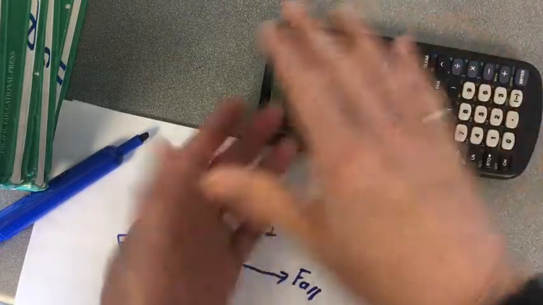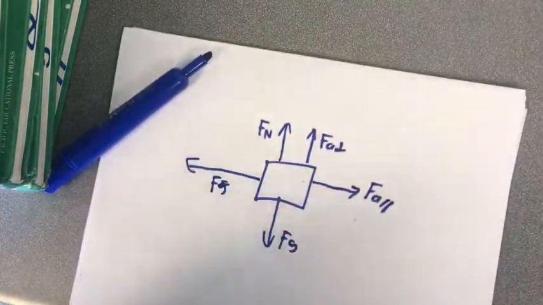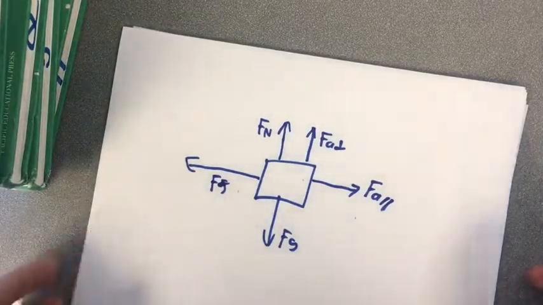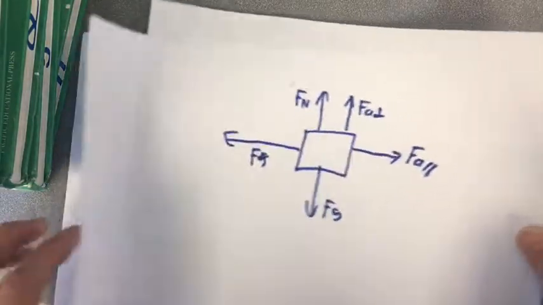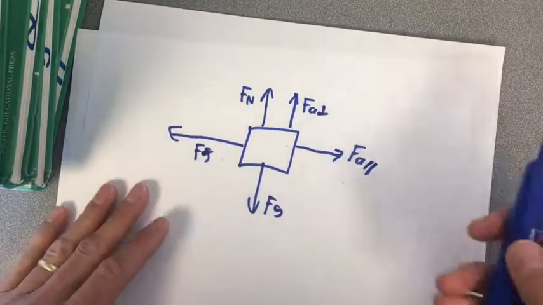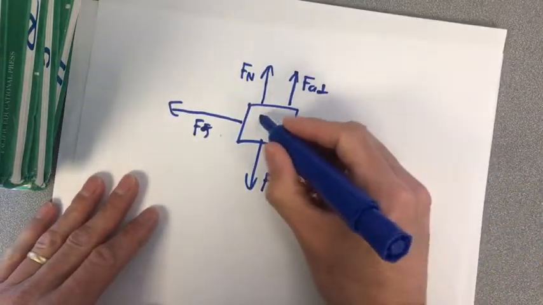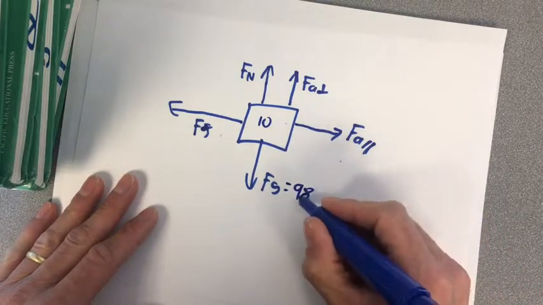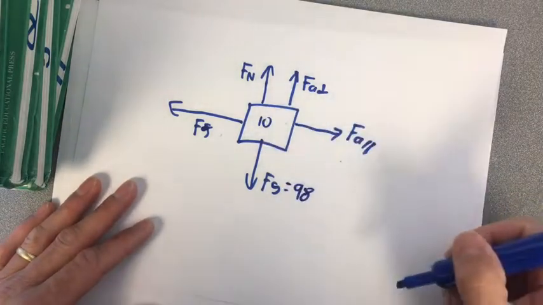By pulling upward, I'm reducing that squeeze. And the effect of that is I'll be reducing the friction. Okay, so all we need now is some magnitudes here. This is 10 kilograms, so the force of gravity is 98 newtons. Again, that's 9.8 times mass.